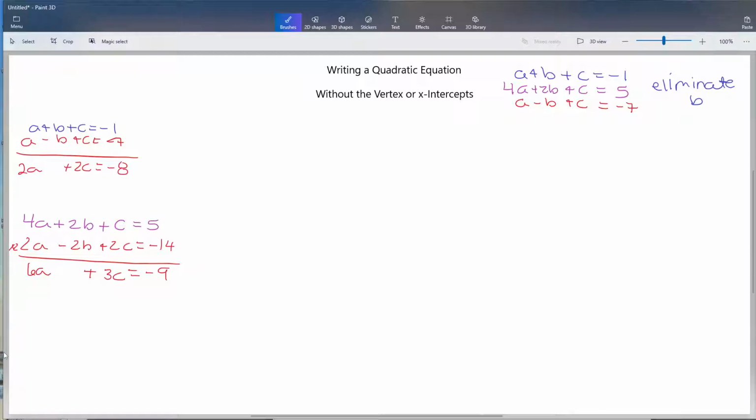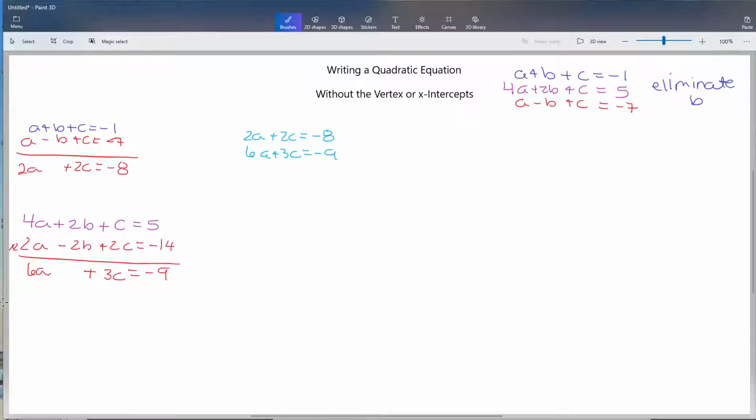So now that I have that, I want to do elimination with the two equations that I just made. So 2a plus 2c equals -8, right? And 6a plus 3c equals -9.